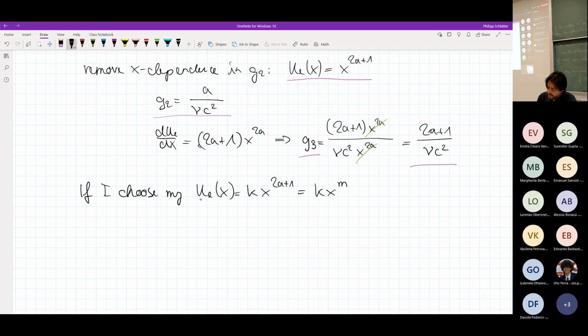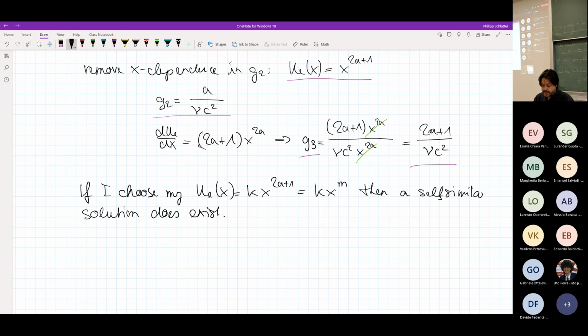So if I choose my free stream velocity to be a power law, so x to the n, then a self-similar solution does exist. And why does it exist? Well, because if I do it in this way, G2 and G3 are independent of x and y.